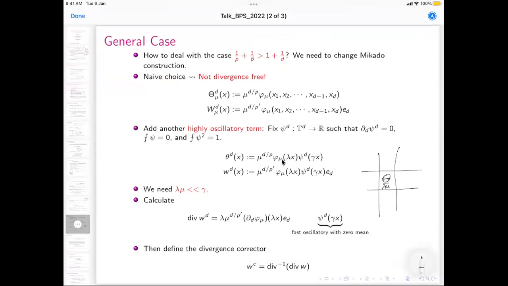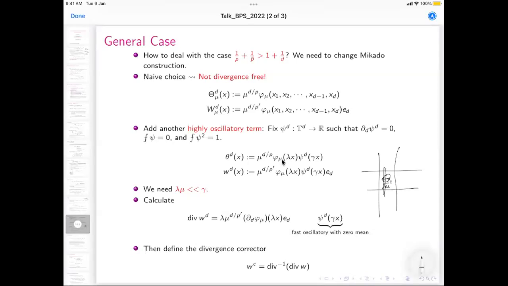That would be the diameter of one of these Mikados, right? And I want the supports to be like this, so they will intersect with this ball, and this gamma I need to be going to infinity much faster than.